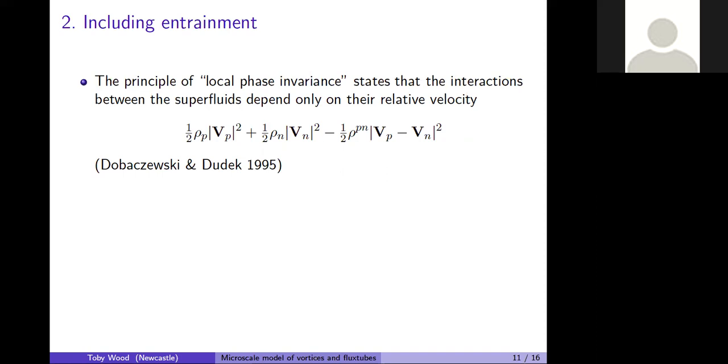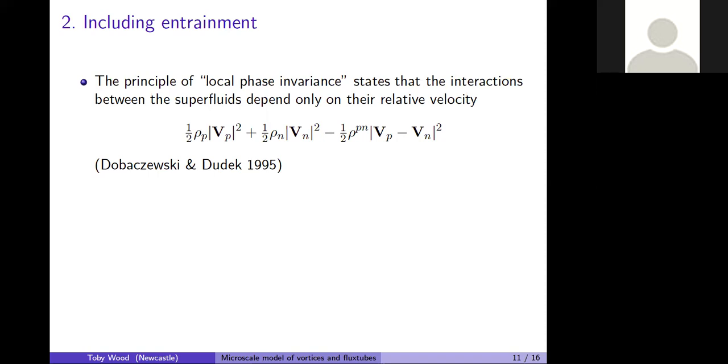It's a standard thing in condensed matter theory, I guess, that the strong interaction which leads to this entrainment satisfies this local phase invariance principle, which is a fancy way of saying that the interaction between your two superfluids only depends on their relative velocity, which is kind of obvious when you think about it, but there you go.